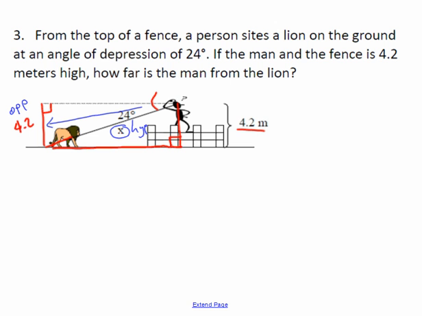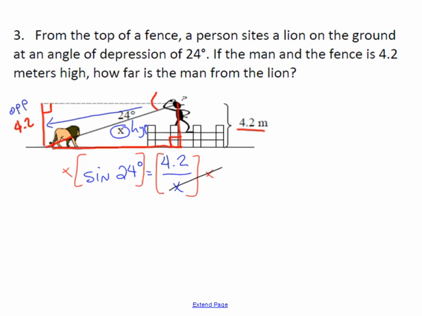So I've got opposite and hypotenuse, so this is going to be the sine of 24 degrees is equal to 4.2, the opposite side, over the hypotenuse. So our goal is to find the x. So technically what we have to do is multiply both sides by x to start with. These x's cancel each other out.